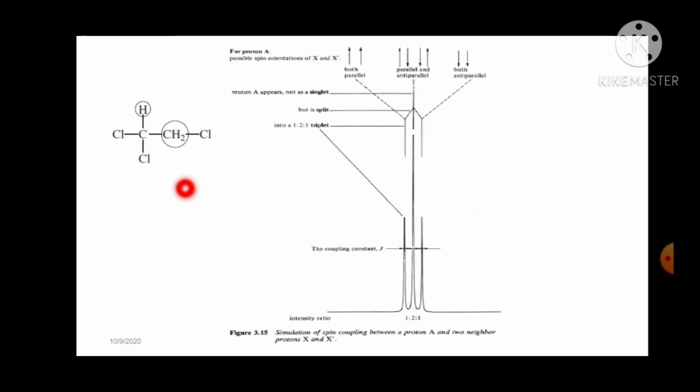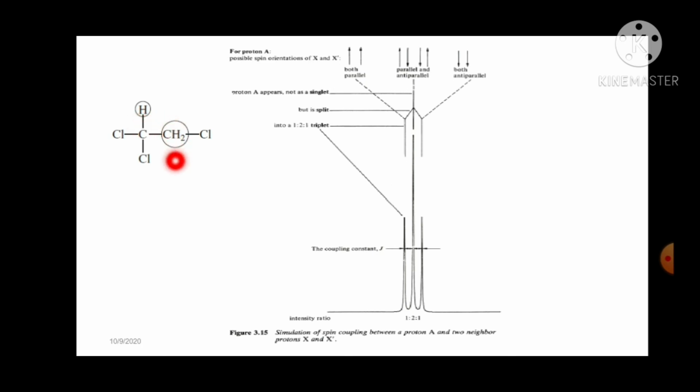Similarly, if I see the CH proton, the neighboring carbon atom has two protons. So these two protons under the influence of the applied magnetic field can take various possible orientations. So both of these protons can be parallel to the applied magnetic field. So in that case the CH proton will be more de-shielded, okay, because they are not helping it, and in turn this CH proton cannot protect itself in a strong way from the applied magnetic field.